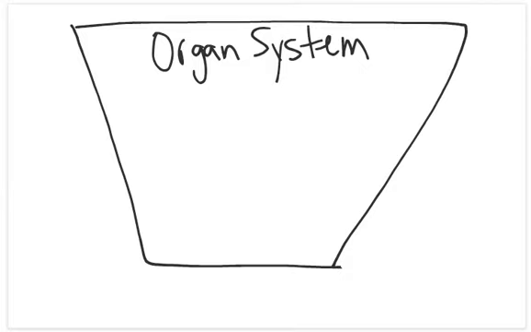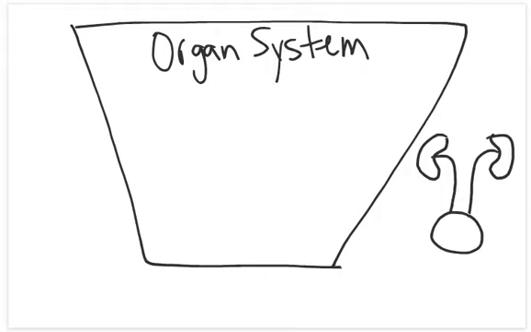So over here on the right, I'm going to draw just a basic urinary system with the two kidneys and the two ureters that then go down to the bladder, and then the urethra is what allows the urine to leave the body. So this is the urinary system.